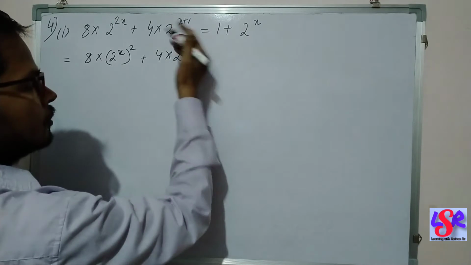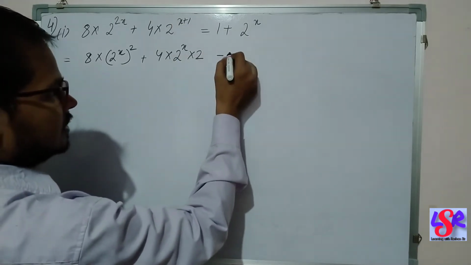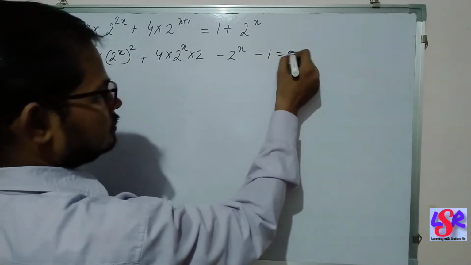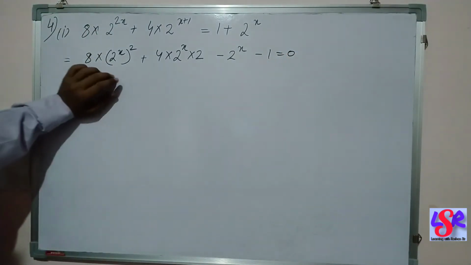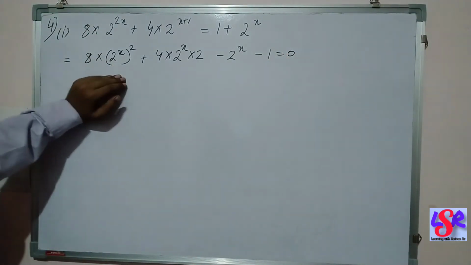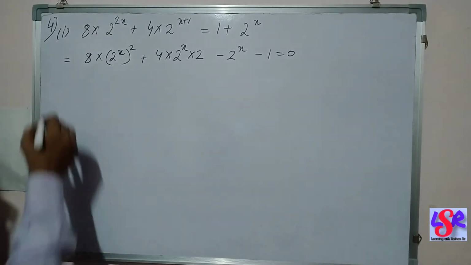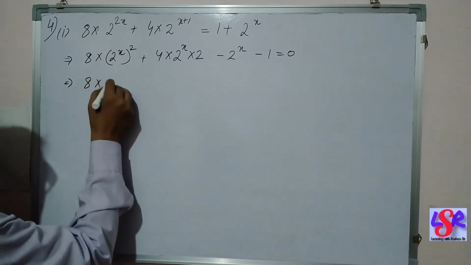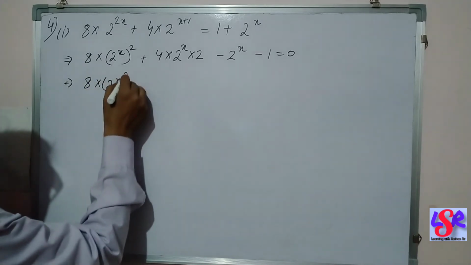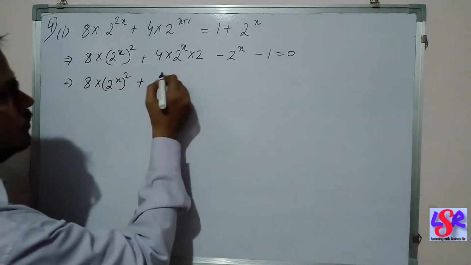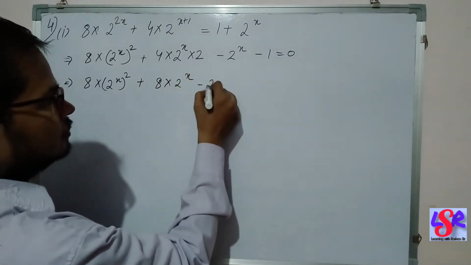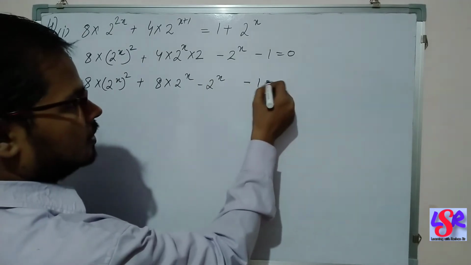We are going to put all of them on this side. This will be minus 2 to the power x and minus 1 equals 0. Now, this can't be solved anymore, and this can be solved, so we can write this as 8 into (2 to the power x) whole to the power 2 plus 4 into 2, that is 8, into 2 to the power x minus 2 to the power x minus 1 equals 0.